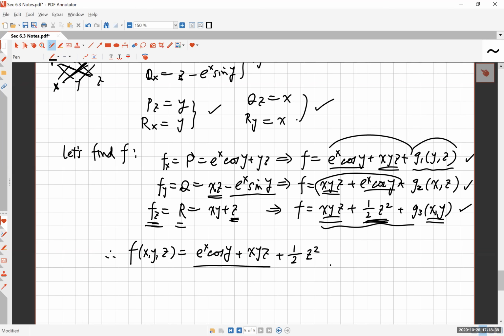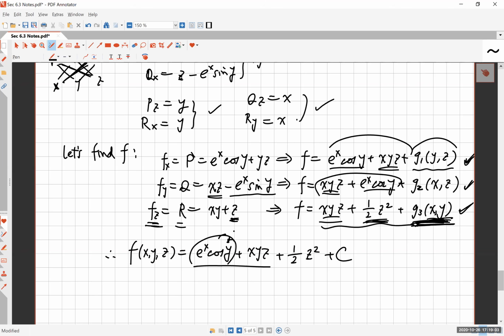Now, this equation plus a constant would satisfy my first condition, my second condition, and my third condition. Now, the third condition doesn't have cosine of y in it, but that's okay. It must be that this whole thing is included in G3 of x, y, right? Remember, I could have any expression of x and y here as long as there's no z.